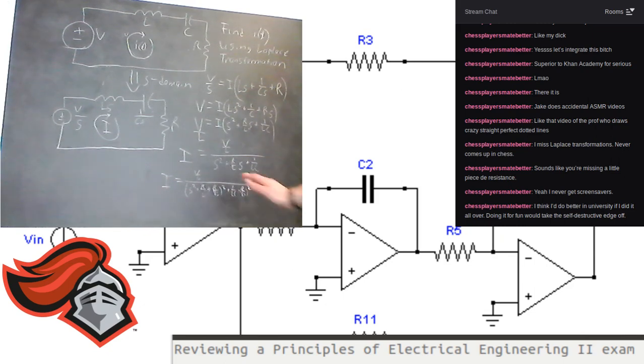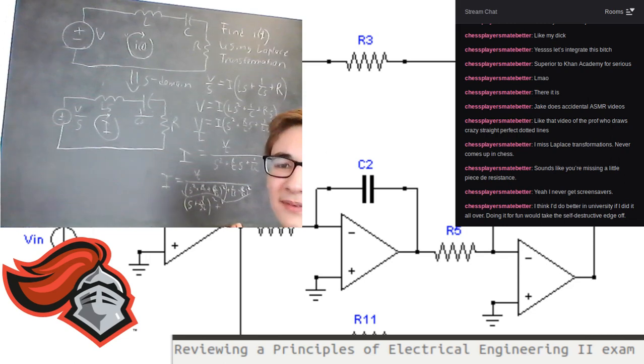The reason I did this is because we can see now that this is S plus R over 2L quantity squared, and then we end up right here with, let me do some bracketing to show that these are equivalent. We got S plus, can you guys see that?